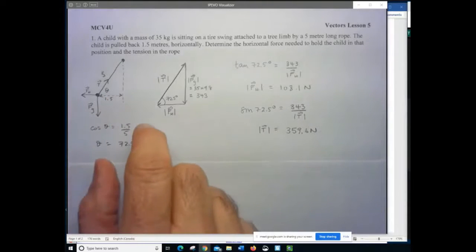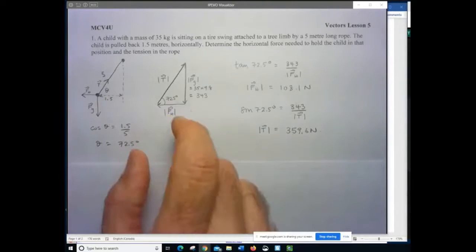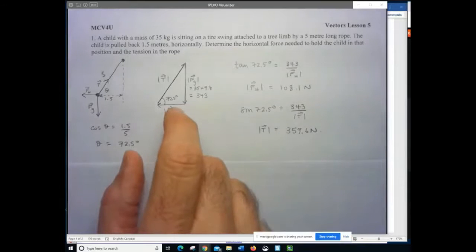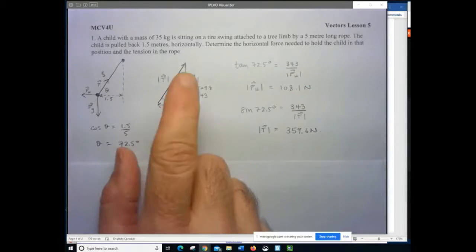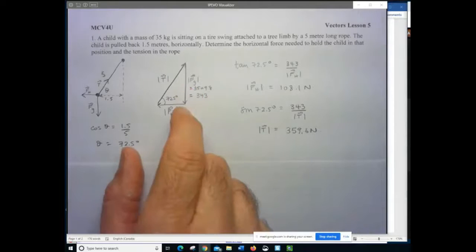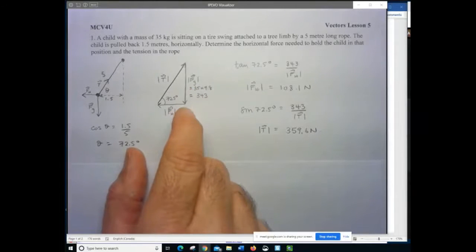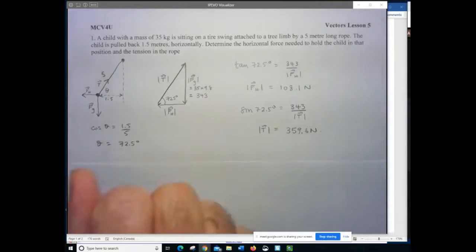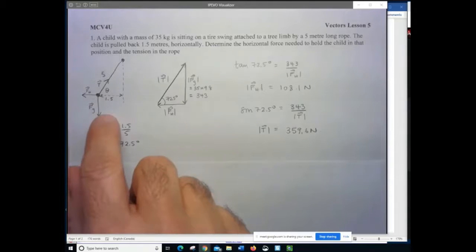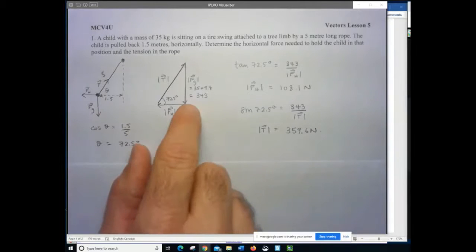So again, it depends on your facility. But if you're solving it using, well, in this case it still is right angle trigonometry, then I would expect to at least see the force diagram. Whereas somebody solving it by components would probably just draw this diagram and wouldn't be drawing the one on the right.